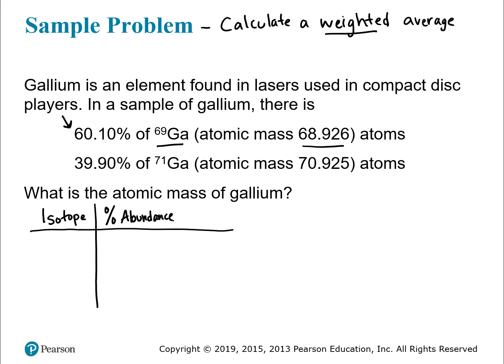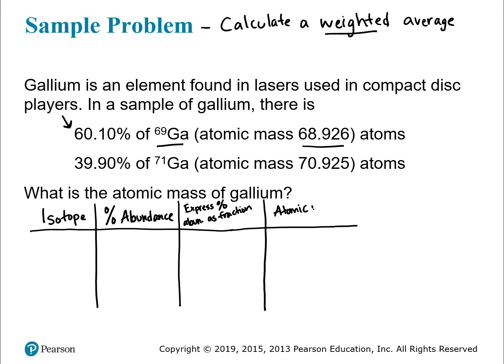So I've got my isotope, percent abundance, and then I want to express that percent abundance as a fraction. Then I have my atomic mass for each isotope.